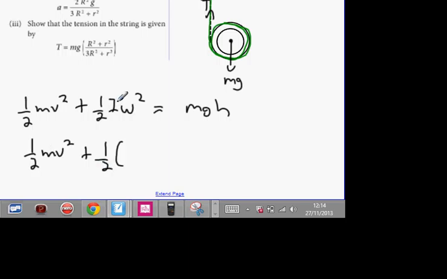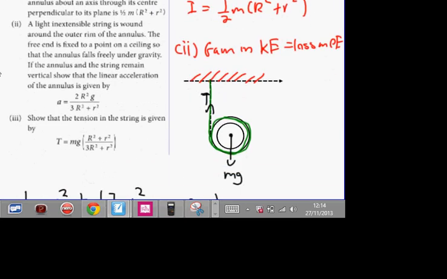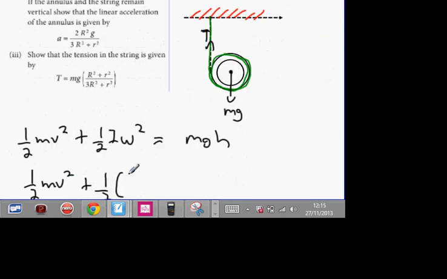Now, we have to replace I with what we got a second ago. That part there, a half m, big R squared plus small r squared. Big R is from here to the outer rim, small r to the inside. Okay?